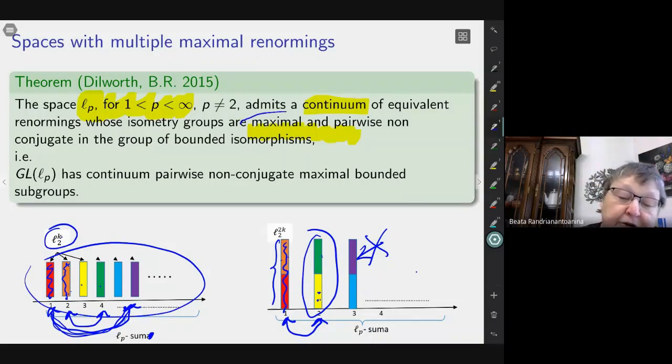This is actually a maximal subgroup. And all right, so we can have this very rich behavior that we have continuum many maximal subgroups, but we also have continuum many groups which are not contained in either of these maximal subgroups.